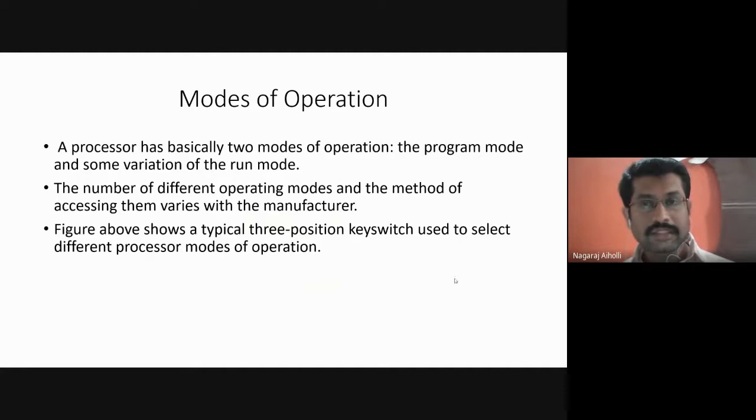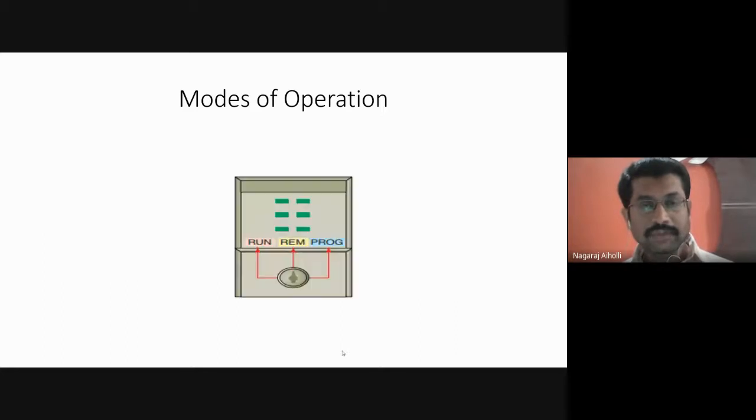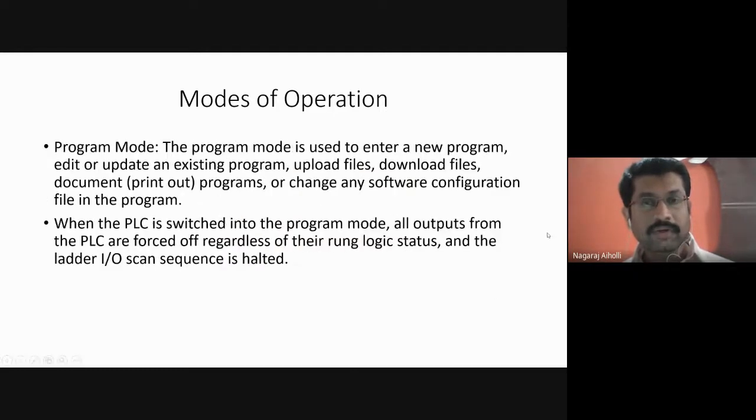A processor has basically two modes, program mode and run mode. And this is the diagram which shows the three key switches: run mode, remote mode, and the programming mode. What is the program mode? It is used to enter the program, edit or update an existing program, upload files, download files, take the printout of the programs, or change any software configuration files in the program.